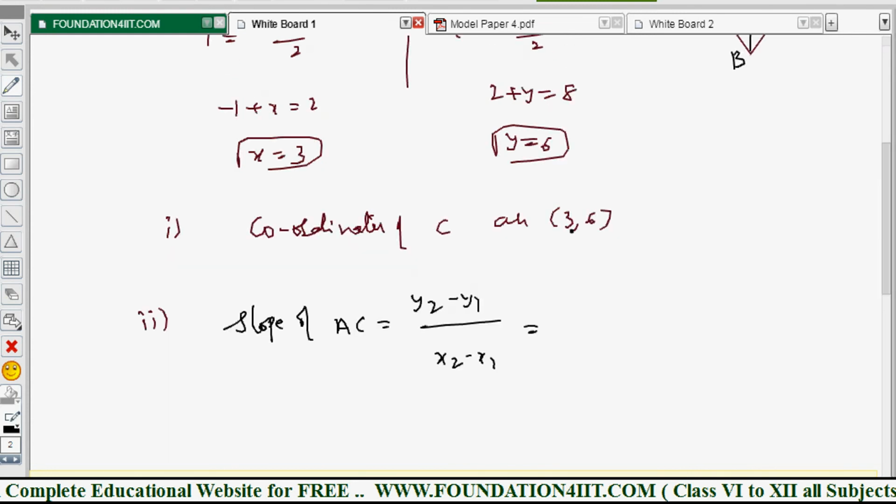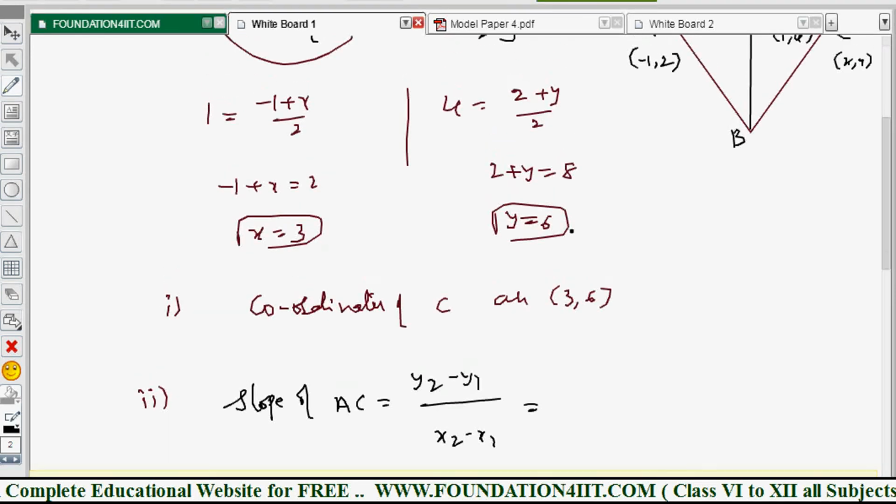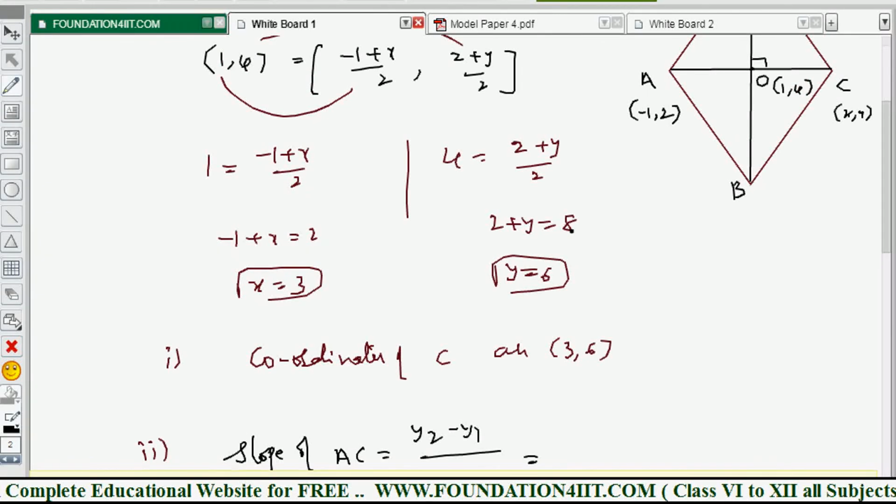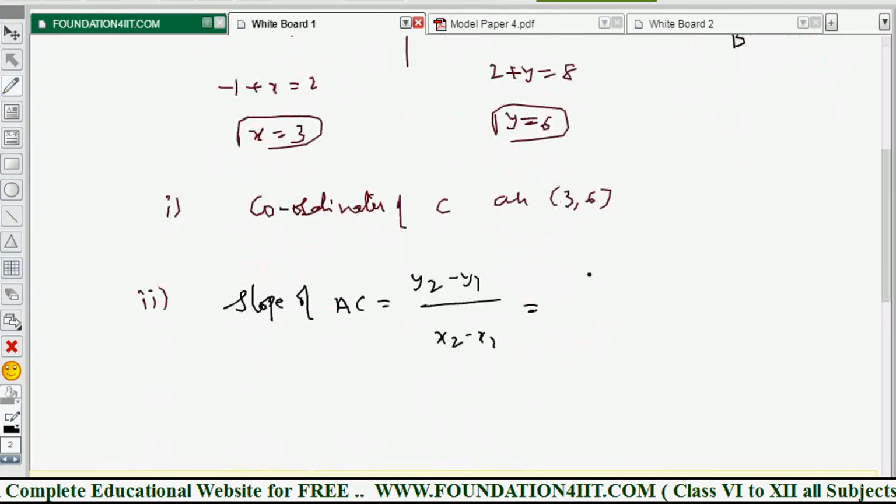Now A is (x1, y1), C is (x2, y2). So 6 minus 2 by 3 minus minus 1, which is plus 1. That is equal to 4 by 4. So slope of AC is 1.